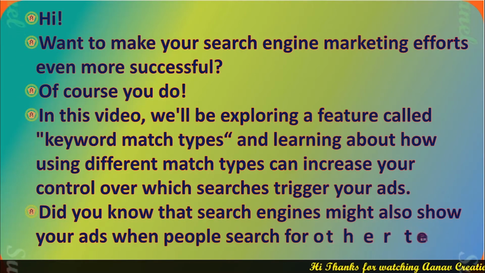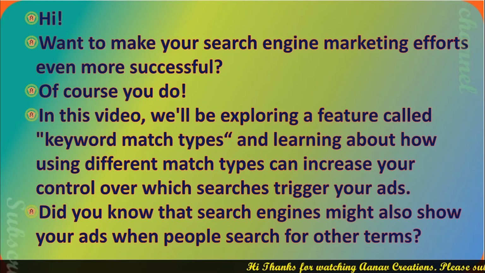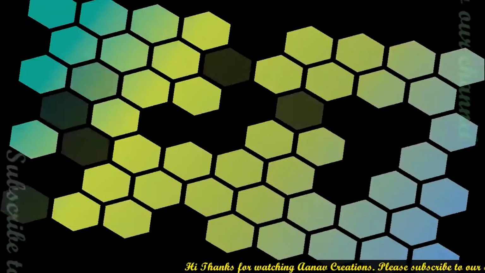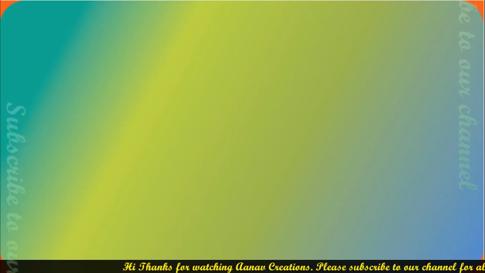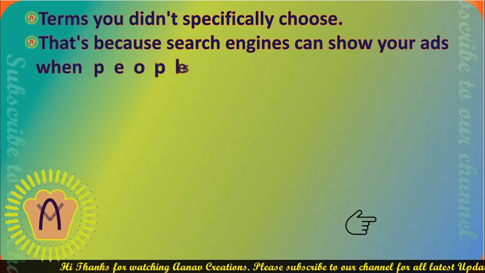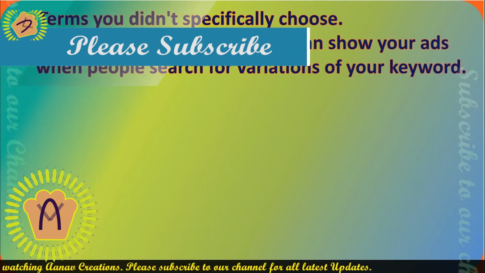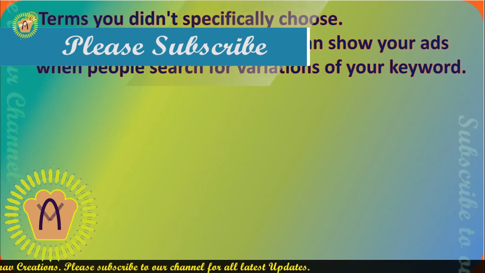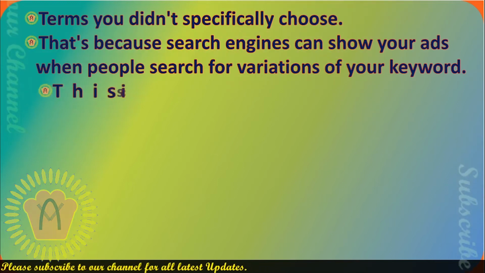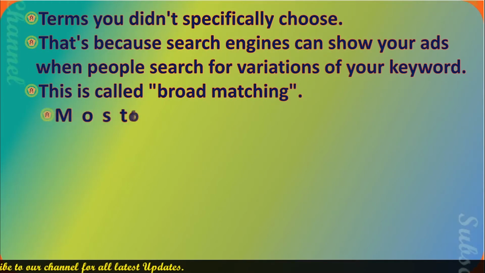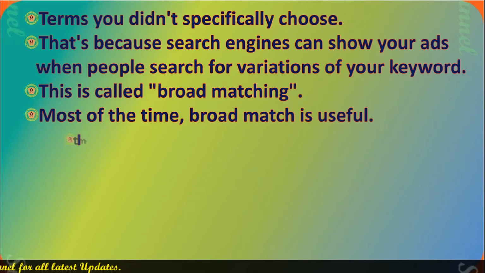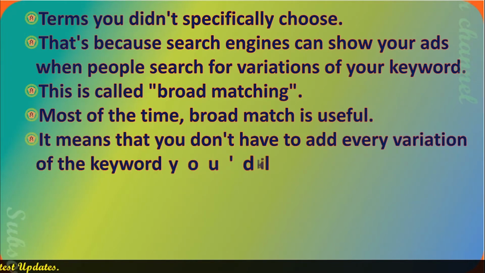Did you know that a search engine might also show your ads when people search for other terms as well? Terms you didn't specifically choose. That's because search engines can show your ads when people search for variations of your keywords. This is called broad matching. Most of the time, broad match is useful for us.